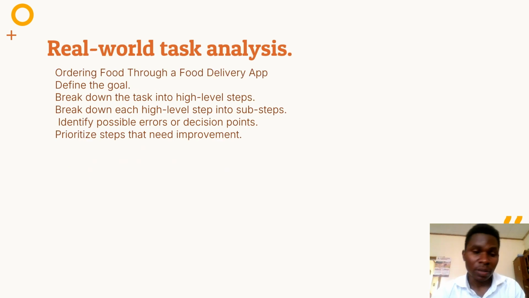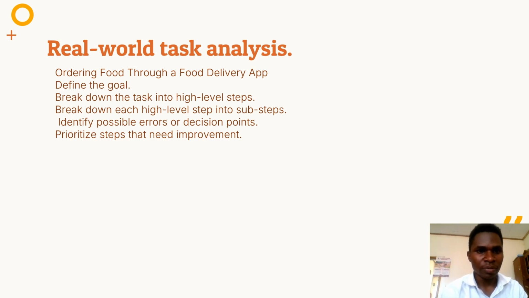Okay, yeah, this is a real world task analysis. We have ordering food through a food application. Some of the task analysis steps we will go through are: define the real goal, which would maybe be ordering or buying food.